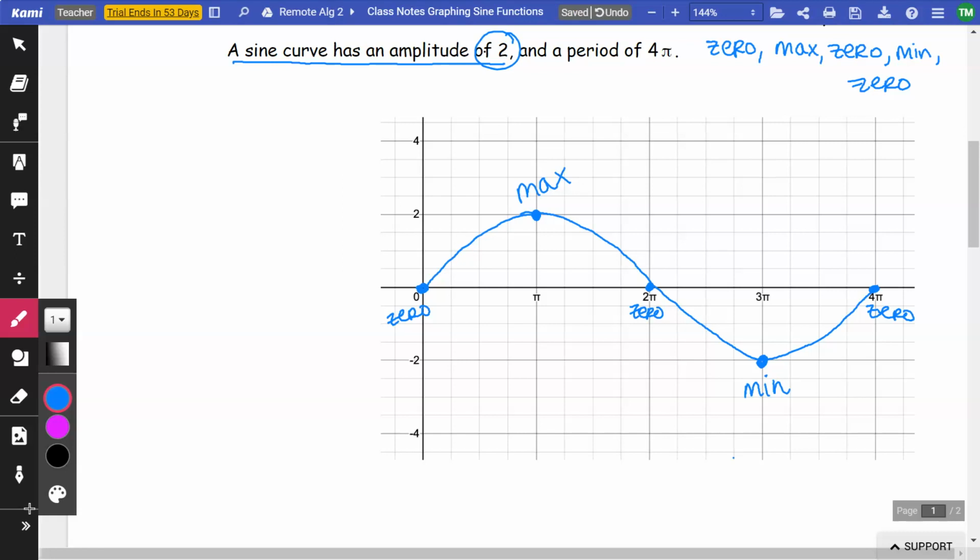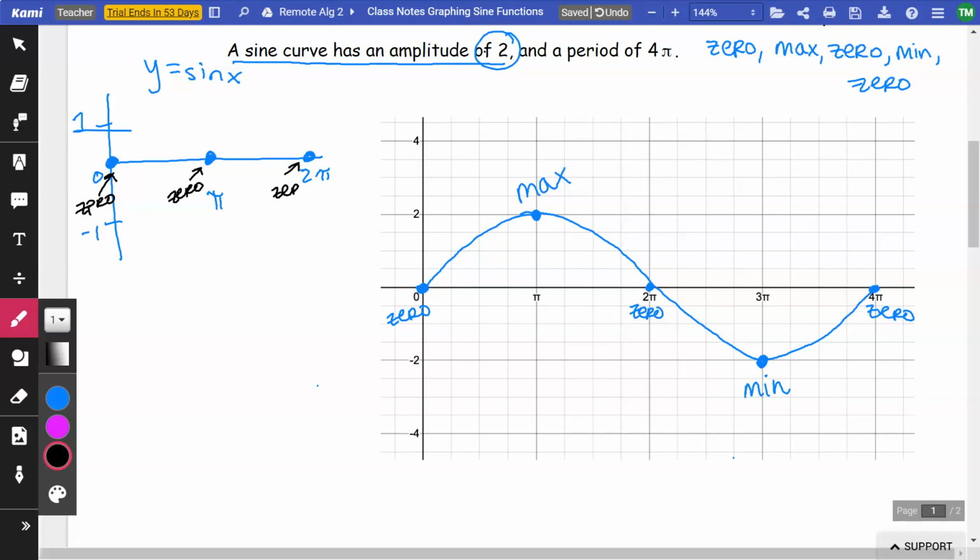So how did I know to look for those things? Well, if you go back to the graph of y equals the sine of x, and you look at your notes from the past 2 days, so this is 0, this is 2 pi, this is pi, this is 1, and this is -1. So there was a 0 at 0, at pi, and at 2 pi, right?